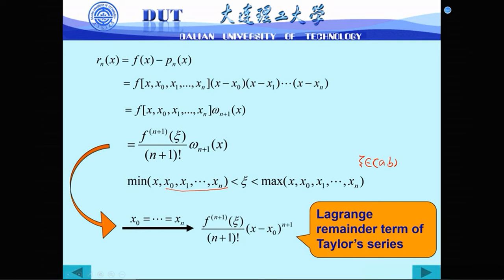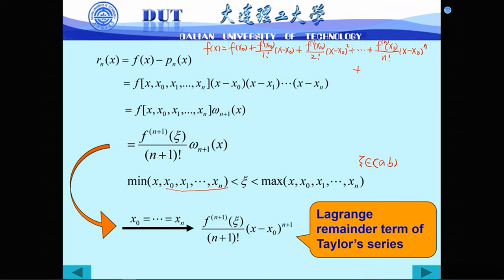Remember Taylor's formula? I show you again. f(x) equals f(x0) plus f'(x0) divided by 1 factorial multiplied by (x minus x0), plus the second derivative at x0 divided by 2 factorial multiplied by (x minus x0) squared, plus dots, plus the nth order derivative at x0 divided by n factorial multiplied by (x minus x0) to the power n. It's okay?